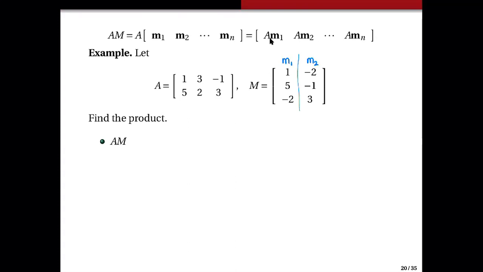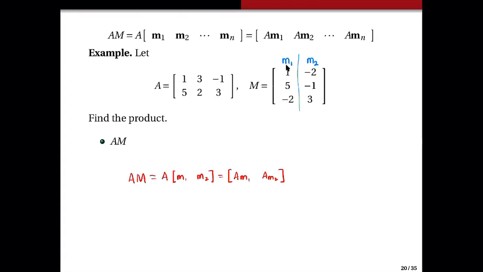You have your AM. This is equal to A times M1, M2. So this is simply A M1, A M2, based on this equality.